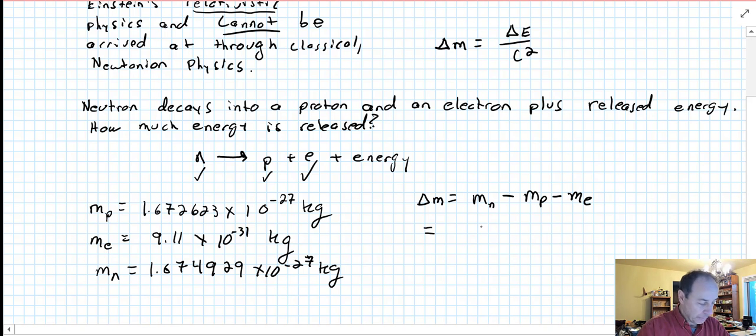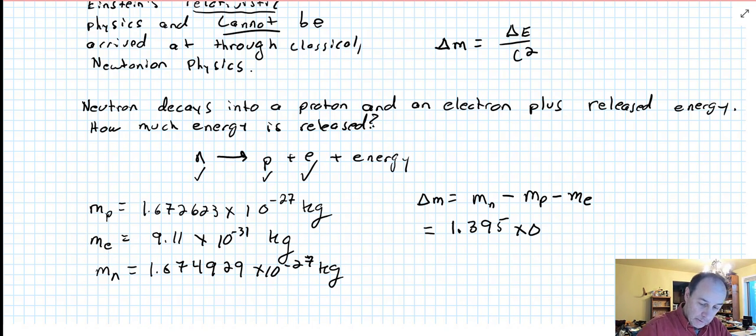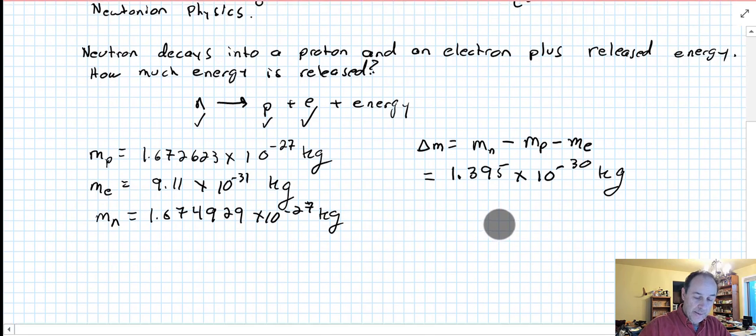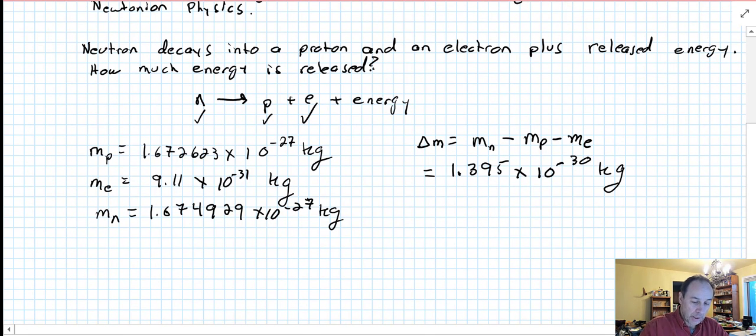I'm not going to write them all out because you could do that as easily as I. You end up with 1.395 times 10 to the minus 30 kilograms. So that's the amount of mass that's changed, that's left over when a neutron decays into a proton and an electron. That's the unaccounted for mass.